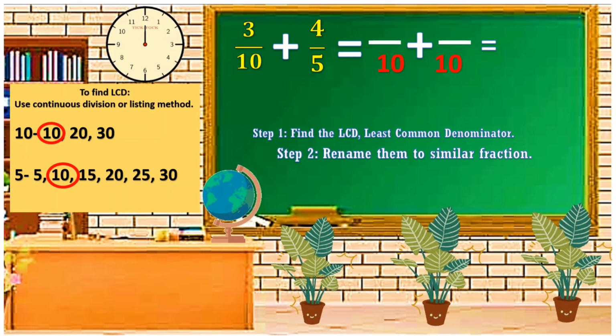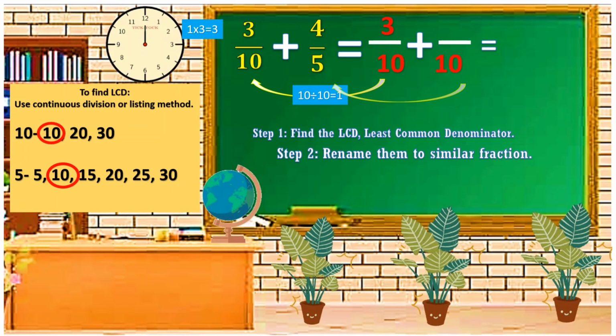Step 2, rename them to similar fractions. 10 divided by 10 equals 1. 1 times 3 equals 3.